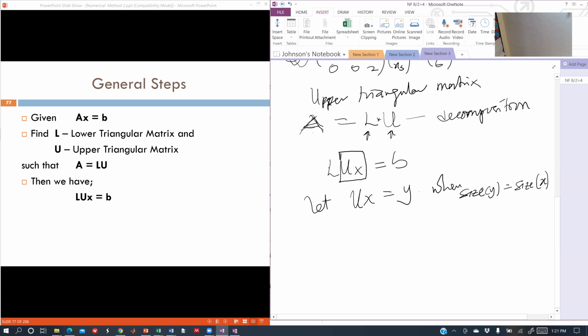You see that this is a system that we cannot solve because we don't know X and we don't know Y. The only thing we know at that stage after the decomposition is U. So you can't solve it.